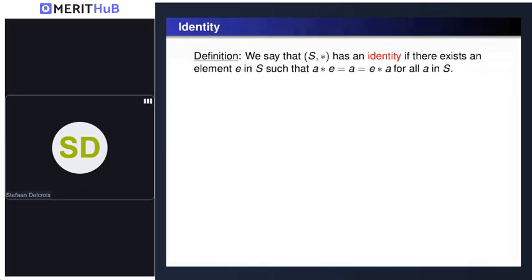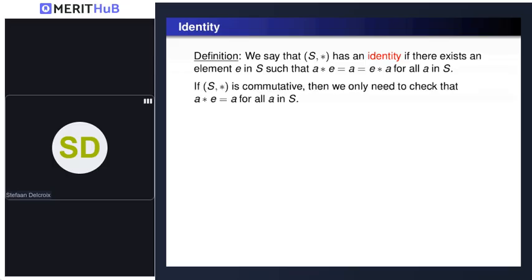We say that a set S under an operation star has an identity if there exists an element in S such that when you operate by it, it doesn't do anything. So A star E is A, E star A is A. So it doesn't matter in which order you operate with an identity, it doesn't do anything.